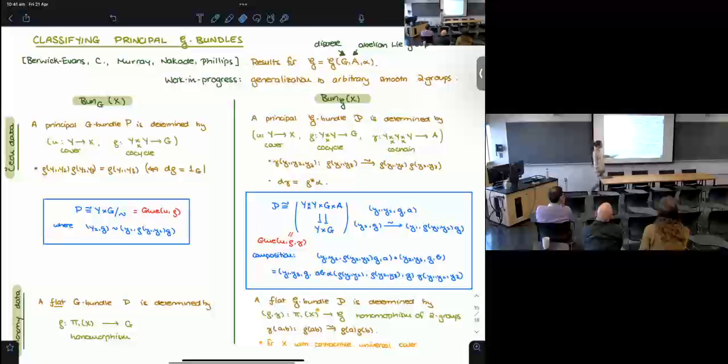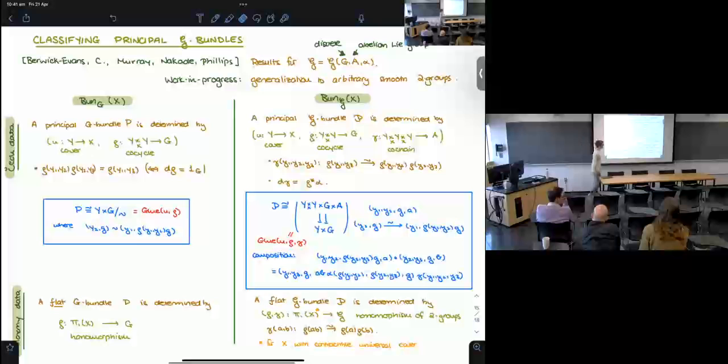So we want a homomorphism of two groups from pi 1 into curly G. What is that? That's a homomorphism of the underlying groups. But okay, we can think about these as monoidal categories, right? So for a functor to be a homomorphism, it should be monoidal. And that's what gamma gives us here. It tells us that rho of AB is isomorphic to rho A rho B.